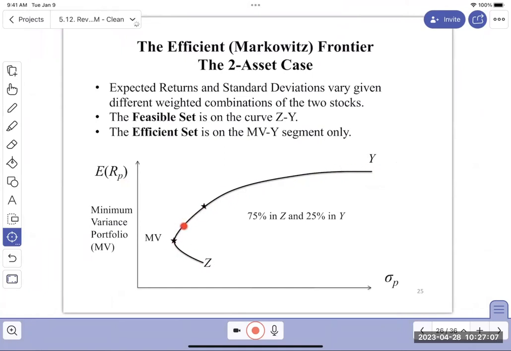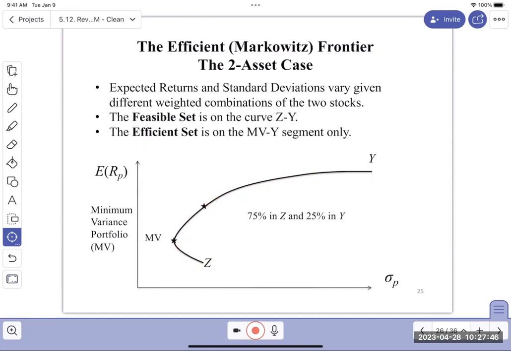So all possible combinations are here, but we need to talk about something from the minimum variance portfolio. From the minimum variance portfolio all the way up, we refer to this as the efficient set. Whereas the ones below, including the ones below, is known as the feasible set. So between the less risky and the more risky asset, this is the entire feasible set.